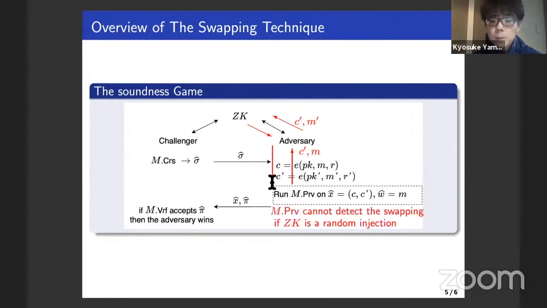If this oracle is implemented by a random injection, the prover algorithm cannot detect such a swapping and finally outputs a proof. If this proof is accepted, then the adversary wins the game, and we showed such a probability is non-negligible.